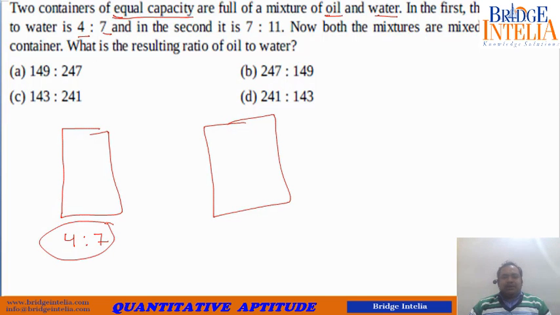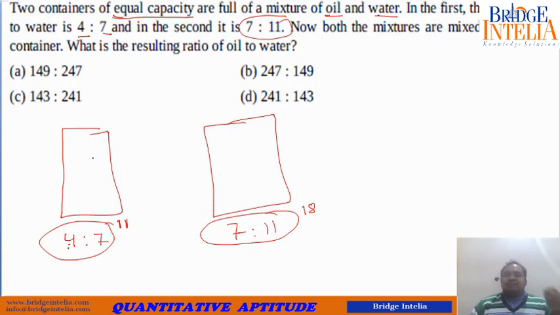In the second, the ratio of components is 7:11. Now, add the terms of the ratio. 4 plus 7 is 11 and 7 plus 11 is 18. Now, try to assign a mathematical value to the volume of the container, because it is said that the volumes are of equal capacity.